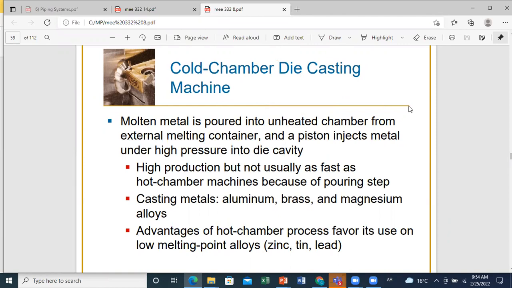Now, what are the main differences? You have high production, but not usually as fast as hot chamber machines because of the pouring steps. Concerning the casting metals, we can use aluminum, brass, and magnesium alloys. And the advantages of the hot chamber process favor its use on low melting point alloys.